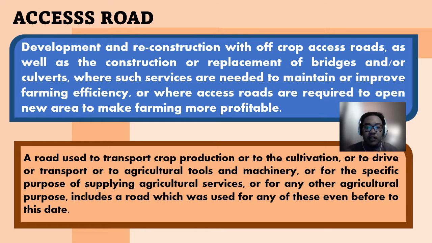A road used to transport crop production, or to drive or transport agriculture tools and machinery, or for the specific purpose of supplying agriculture service or for any other agriculture purpose, includes a road which was used for any of these events before this date.